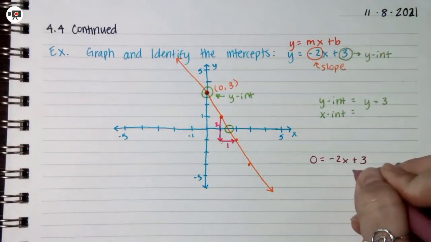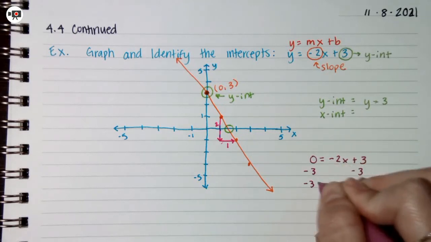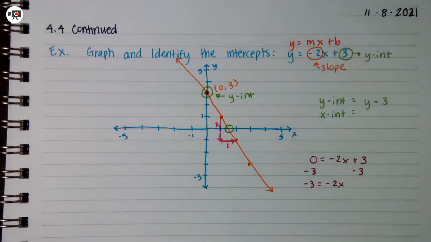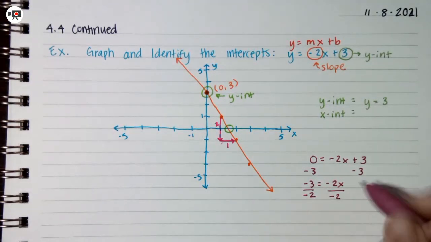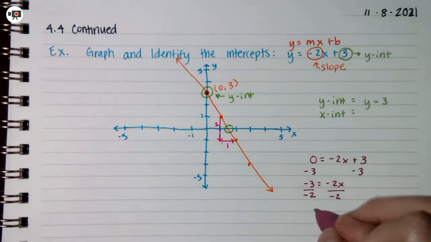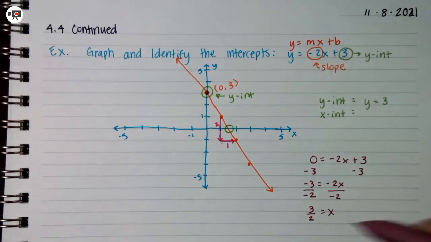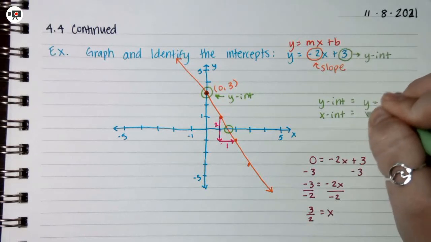So to get x by itself, I subtract 3 on each side. So I have negative 3 equals negative 2x. Now to get x by itself, I divide by negative 2. A negative divided by a negative is a positive. So that is x equals 3/2 when y is 0, so that is my x-intercept.